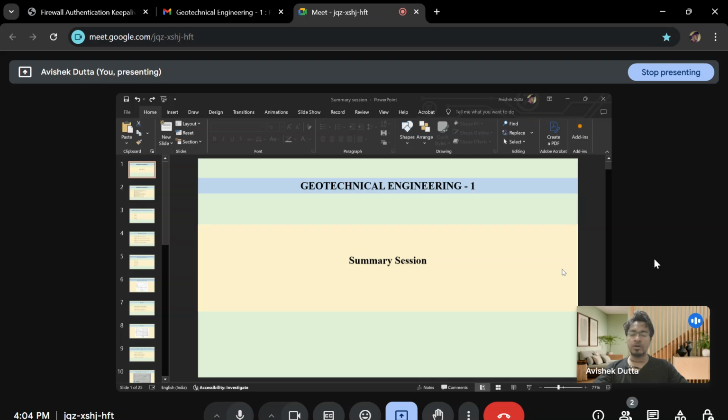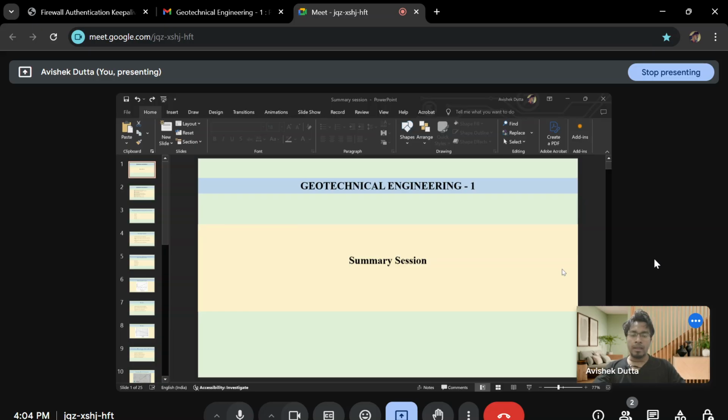The sessions were very interactive, and many important topics of this course have been discussed. Many numericals have been solved with insights into the conceptual understandings of the main important chapters.